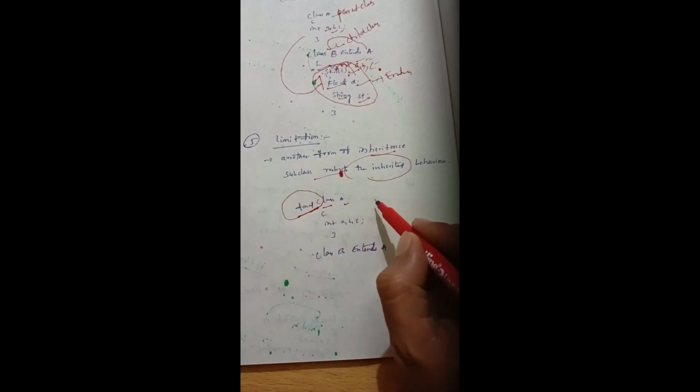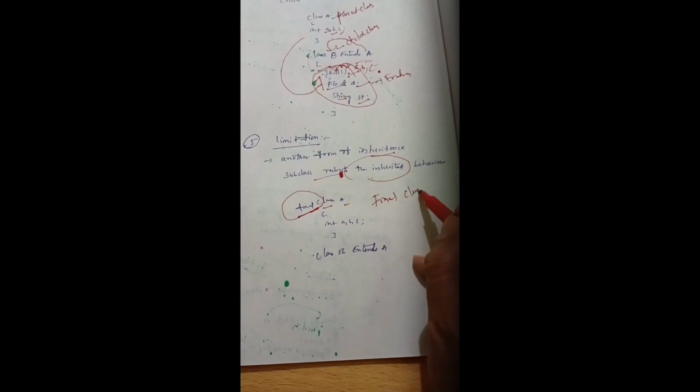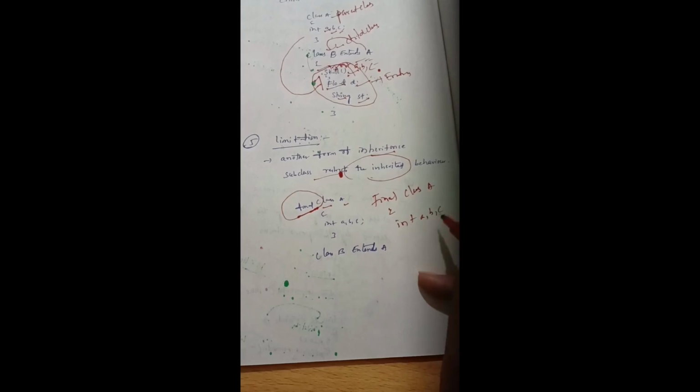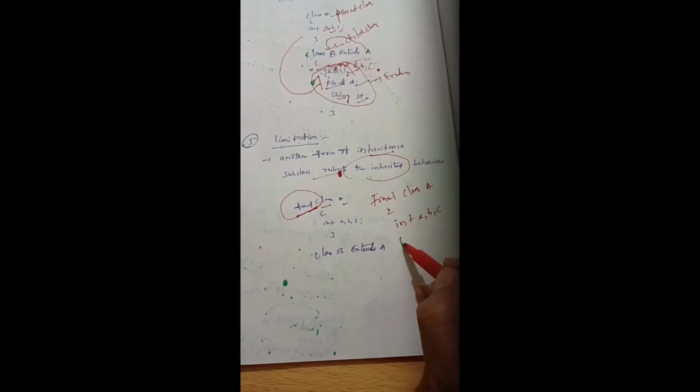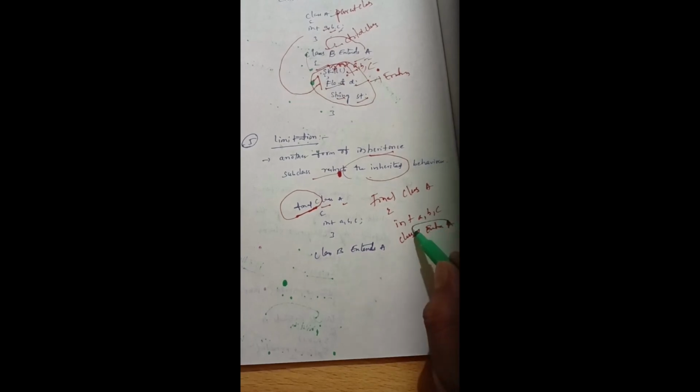Suppose final class A, int A, B, C. Now we want class B extends A. Now the class A we used is a final class.